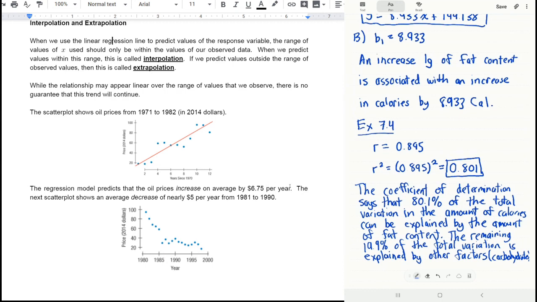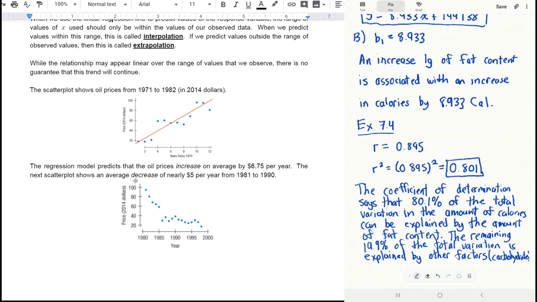However, if we look at the next scatter plot, we see an average decrease of nearly $5 per year between 1981 and 1990. So here we have a decrease in oil prices rather than an increase. We should only use our linear regression model to predict values within our range and not outside of our data.